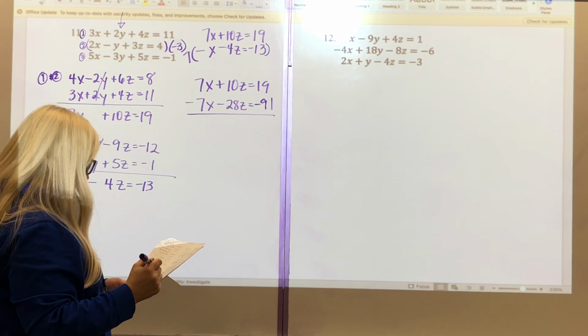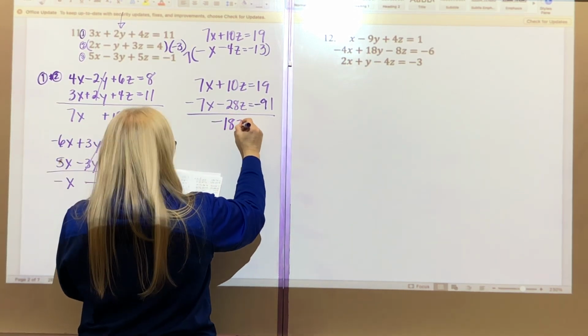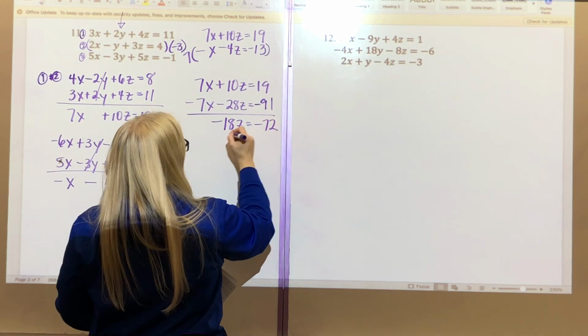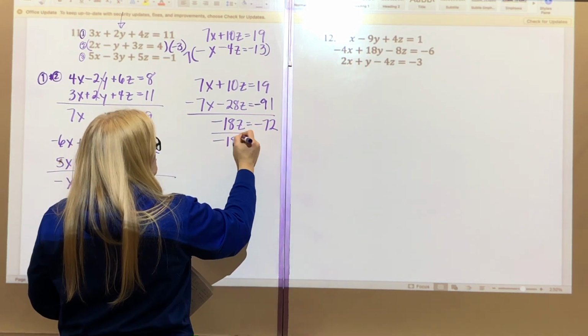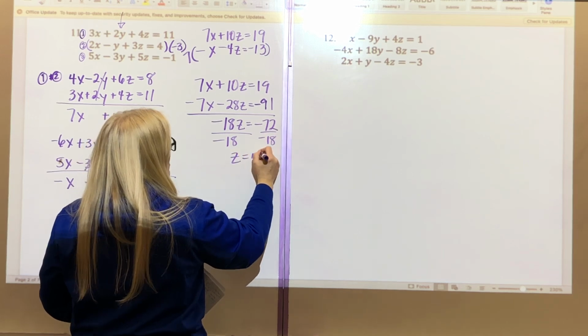Okay, so we end up with negative 18z equals negative 72. Divide by negative 18 and we get z equals 4.